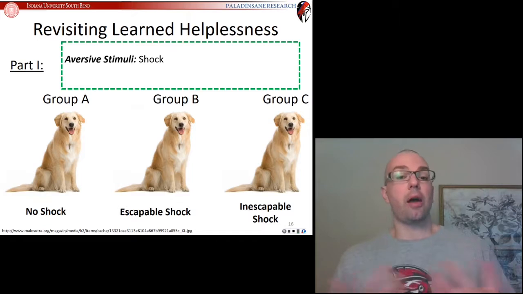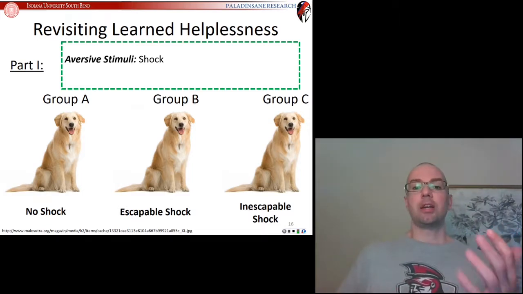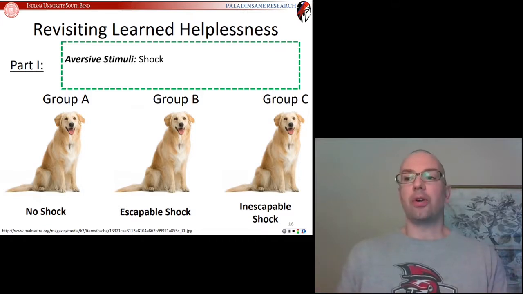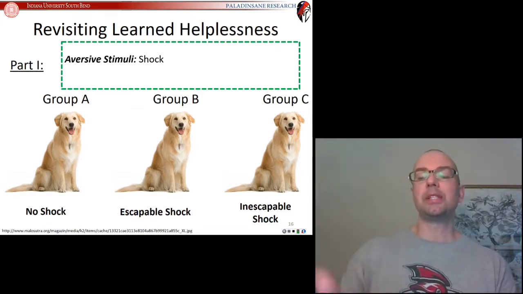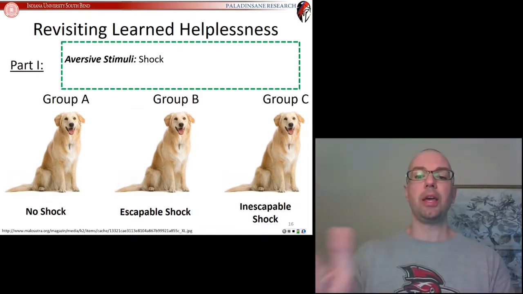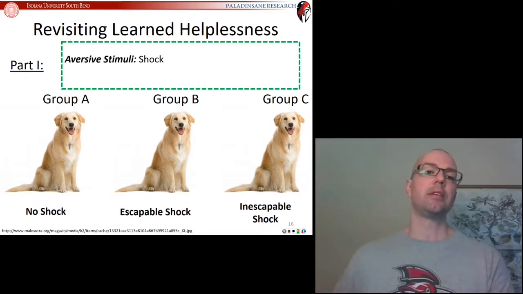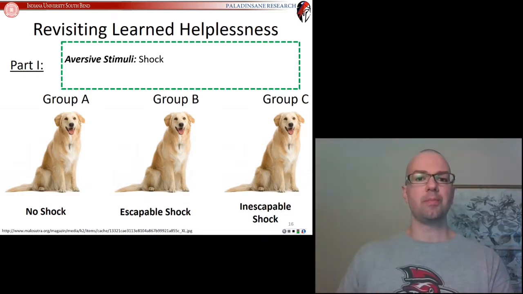So even though our experiences with shock indicate that we would try to avoid shock, we can't judge that for any other person or any other organism unless we see them trying to avoid that particular stimulus. In this case, group B would press the panel to get away from the shock. Hence, we know that that was an aversive stimulus for them.